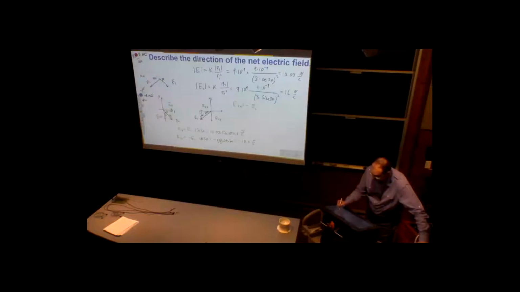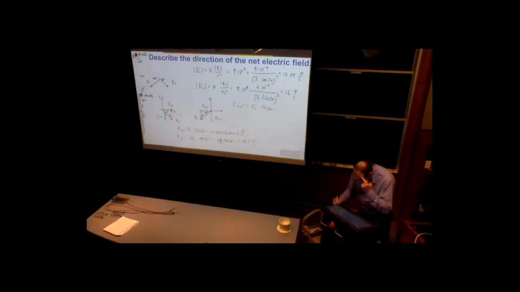Hypotenuse times sine of 30, so negative 16 times sine of, cosine. I made it on purpose, so you would correct me, and you did. And negative 16 times cosine 30. I'm listening.